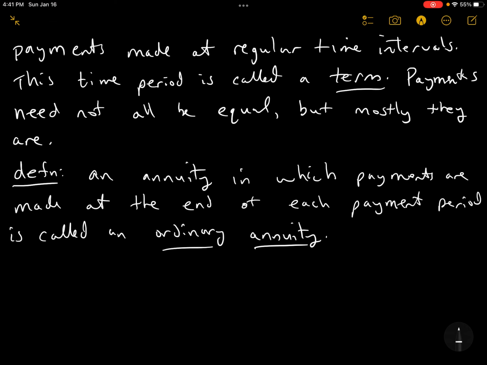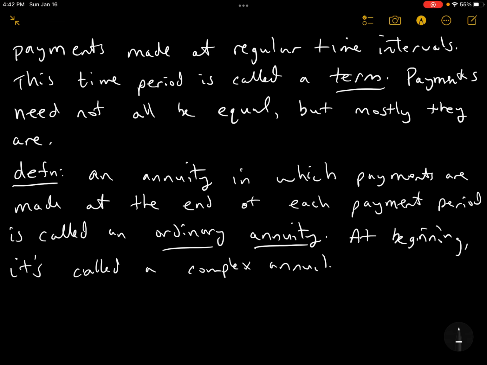In my financial career, I've never seen anything but ordinary annuities. If the payment comes at the beginning, it's called a complex annuity. Just looking at how the numbers work, I can see why they come up with the name complex.